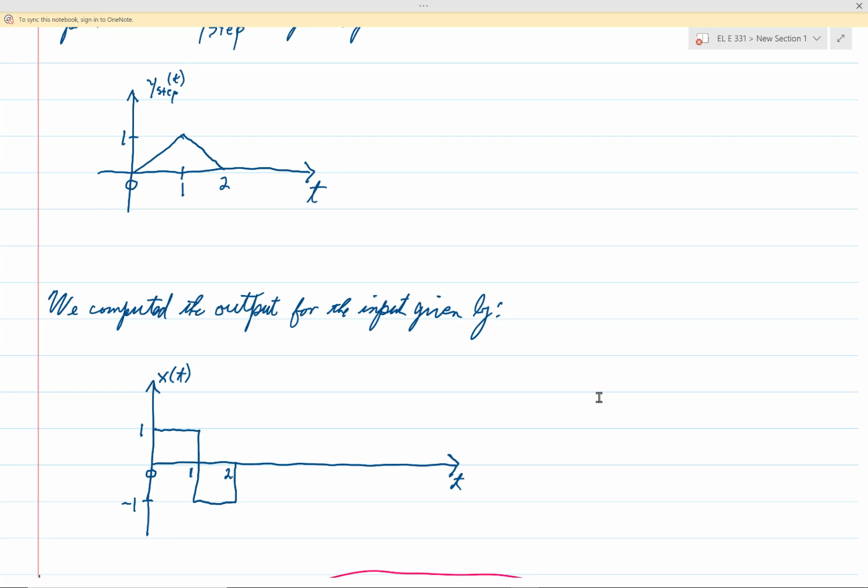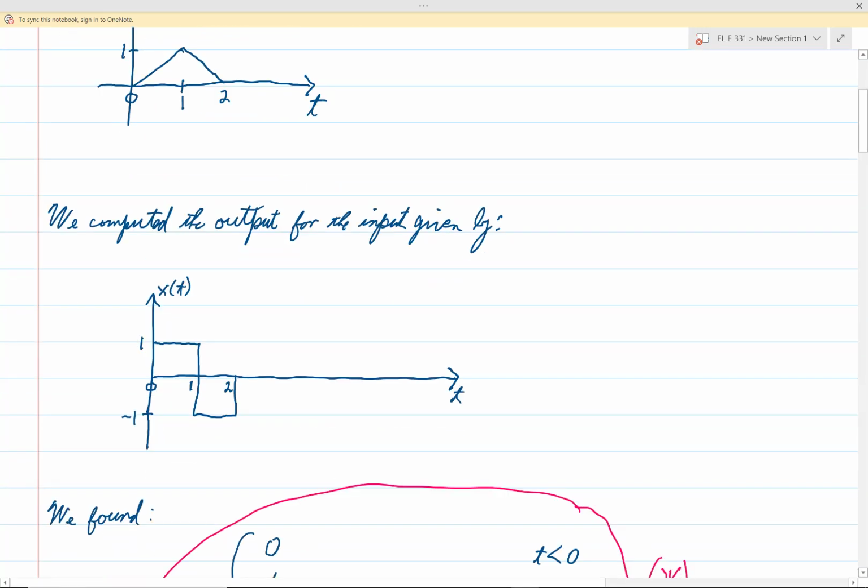But we're not given the impulse response in this problem. What we are given is the step response. But remember that the impulse response, h of t, is simply equal to the derivative of the step response, y step of t. So if we remember that, then we can conceivably use the convolution approach. So let's investigate that.